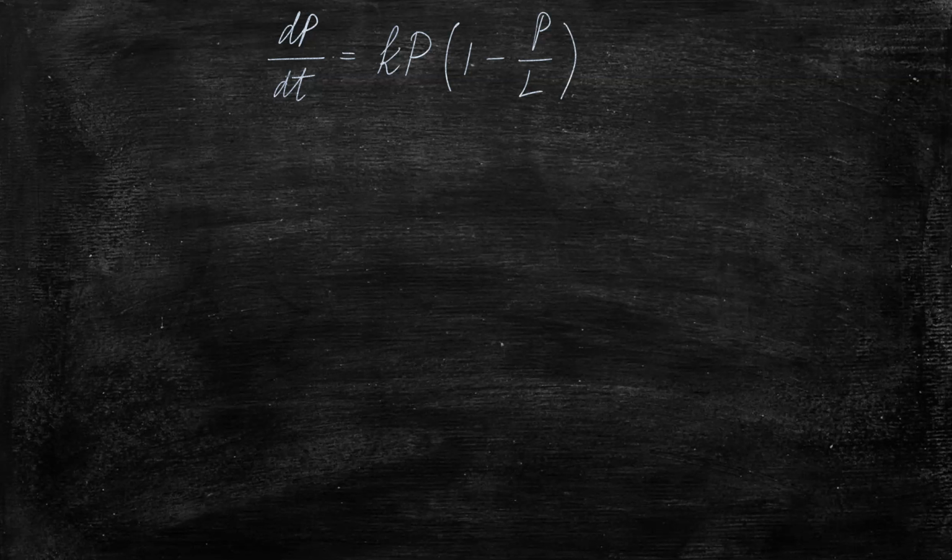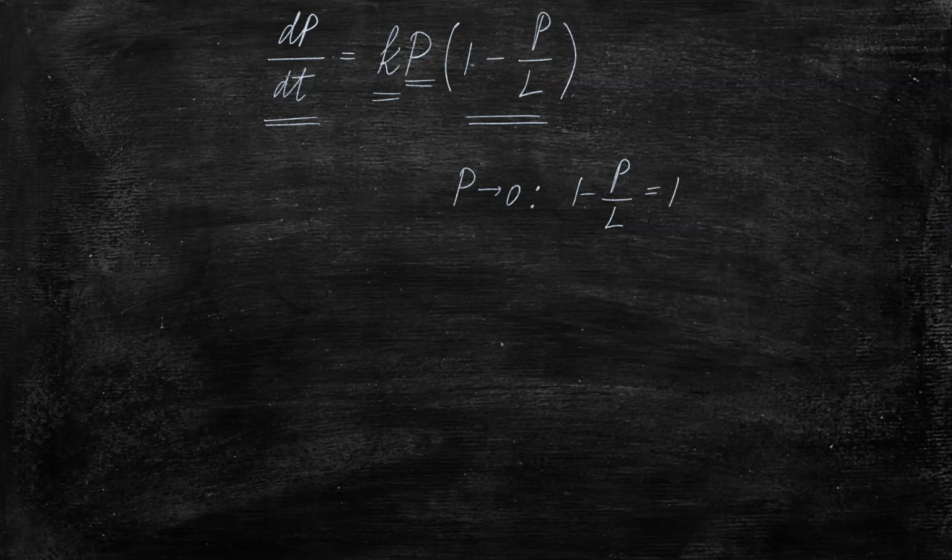So again, we're saying that the rate of growth is proportional to the population and this difference, 1 minus P over L. So what exactly does 1 minus P over L represent? Well, when P is near 0, 1 minus P over L is equal to 1.